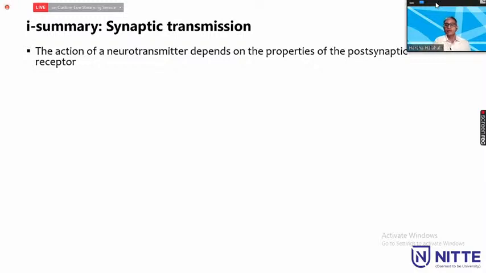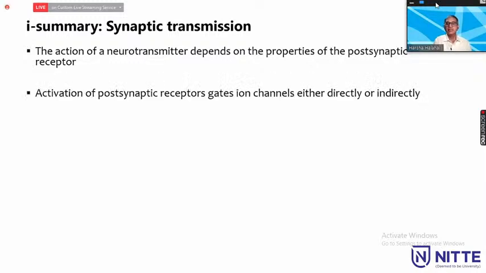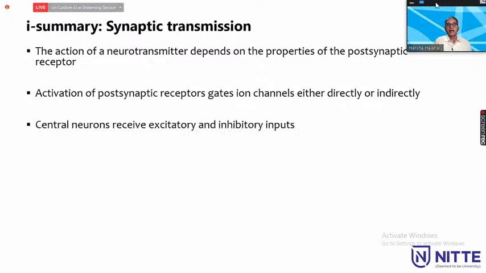Therefore, what is important is the nature of the postsynaptic receptor, which determines whether inputs are ultimately excitatory or inhibitory in nature. Activation of postsynaptic receptor-gated ion channels, directly or indirectly, underlies the ability of neurotransmitters to modulate the excitability of neurons.